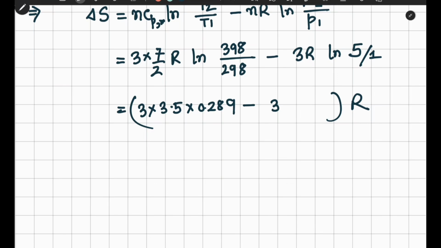And what is ln 5? ln 5 is 1.609. Okay, so just let me calculate it. So it is 3 into 3.5 into 0.289 minus 3 into 1.609.